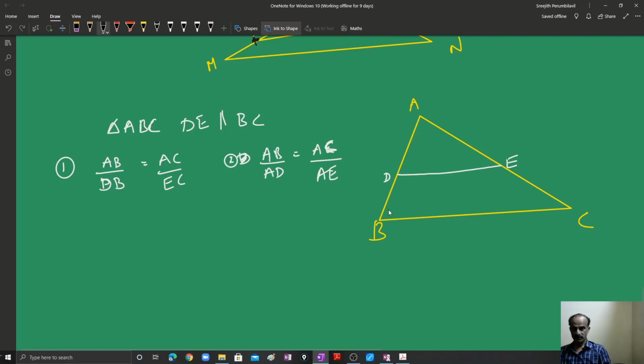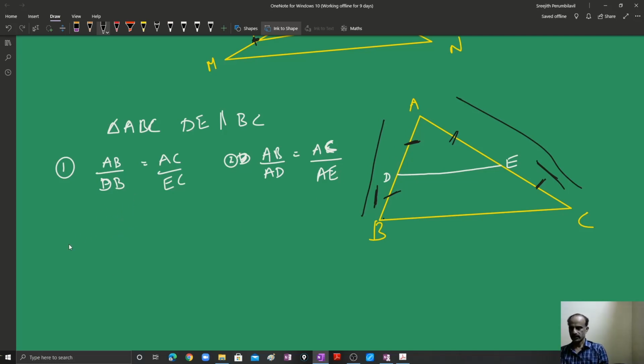Earlier it was AD by DB, AE by EC. Now we are taking the whole thing, AB by DB, AC by EC. The second part comes in a different way, AB by the upper part. Let us come to this.